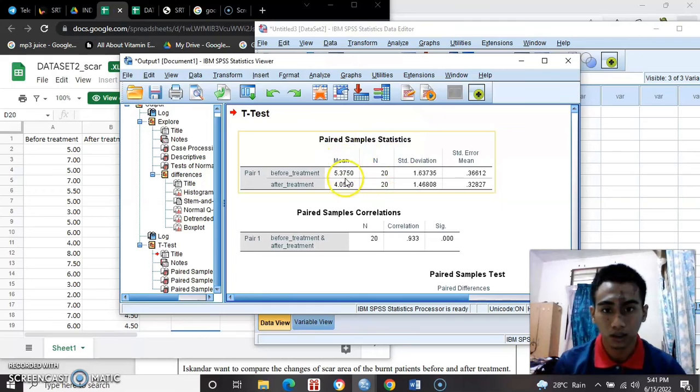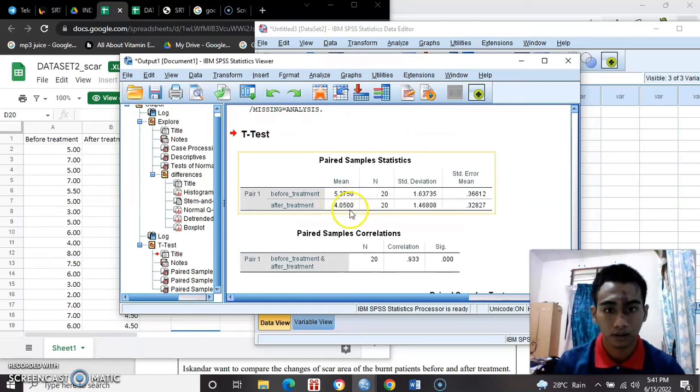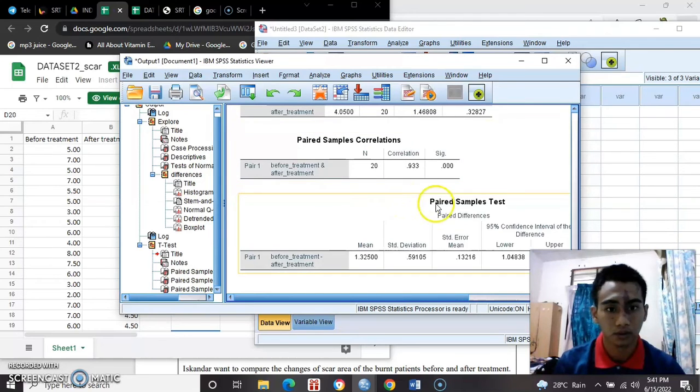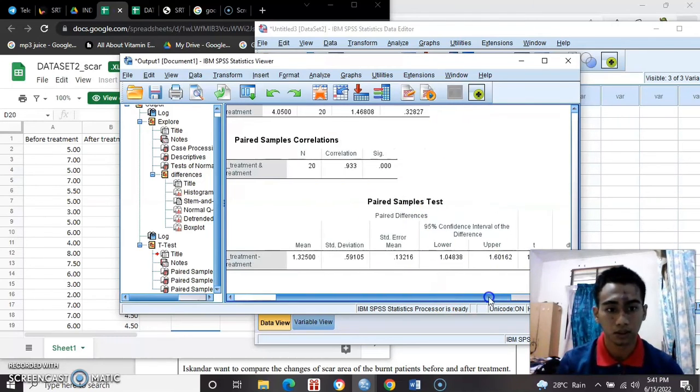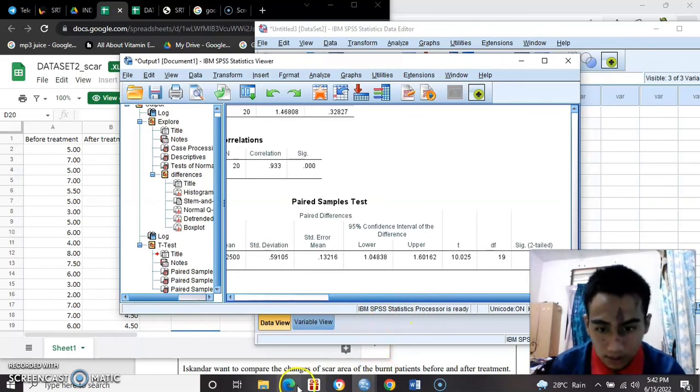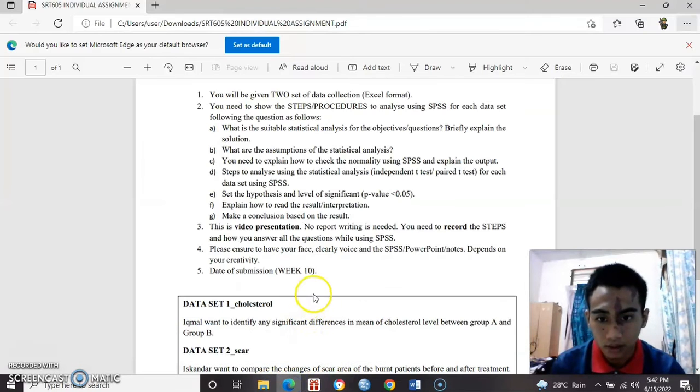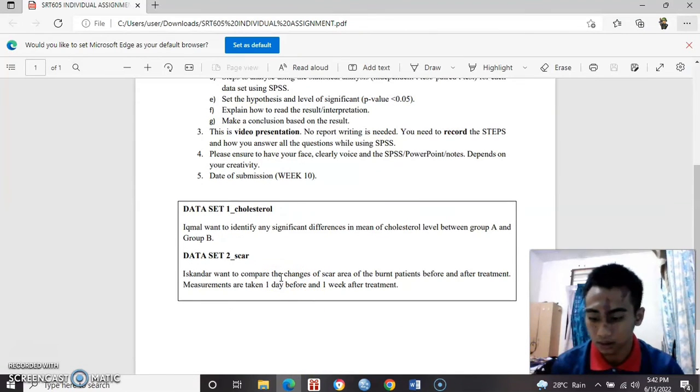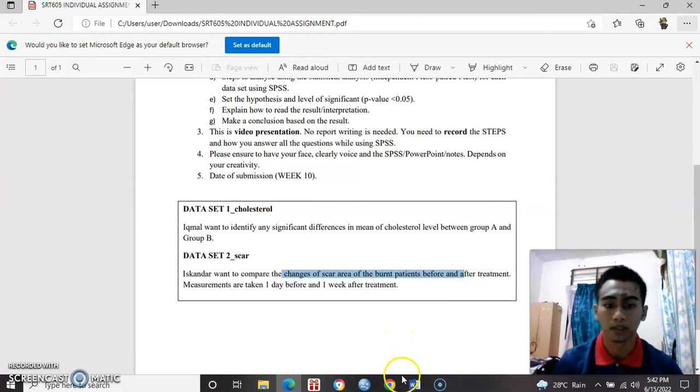So we go to the paired samples t-test. We want to see the significance two-tailed, and the result is significant. The null hypothesis is there is no significant difference in the change of the scar area of the population before and after treatment.